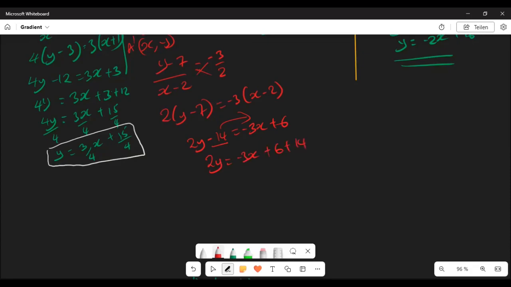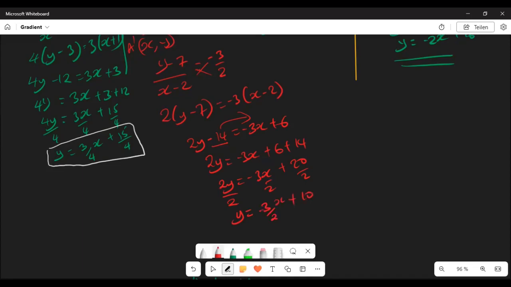So here we end with 2y equals minus 3x plus 20. Then we can divide everything by 2 so that we have y equals minus 3 over 2x plus 10.